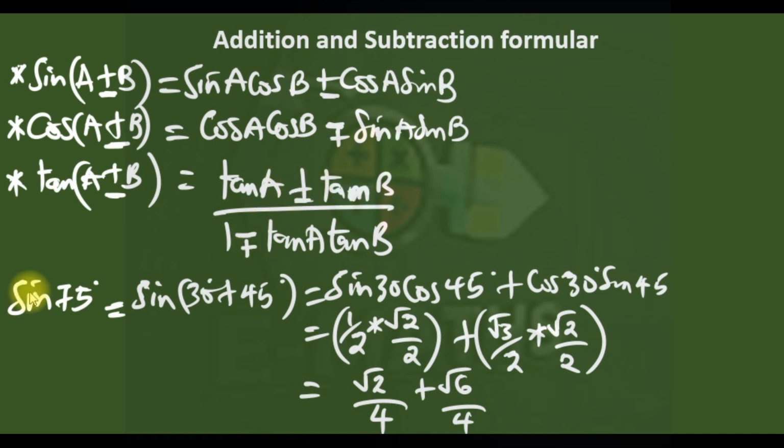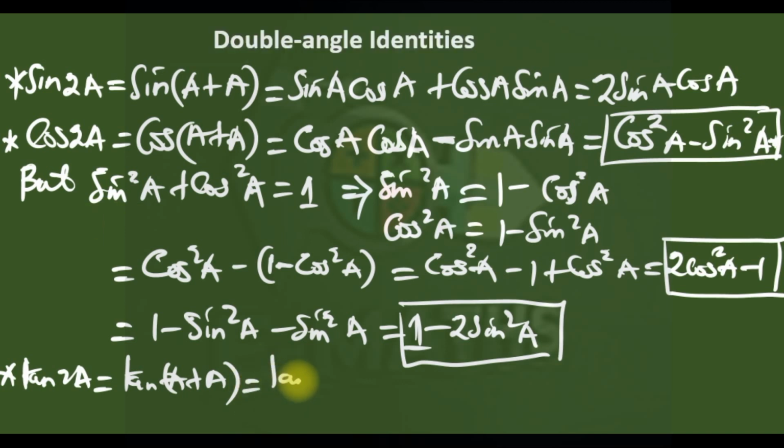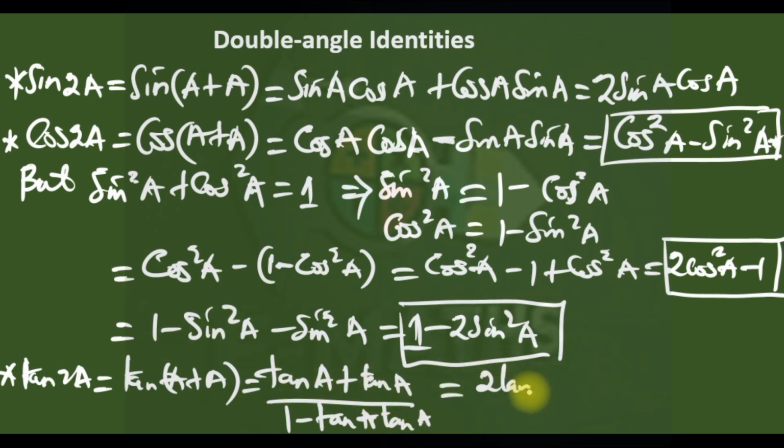So we have tan a plus tan a over 1 minus tan a times tan a. So tan a plus tan a is 2 tan a, and tan a times tan a is tan squared a. So these are the three double angle identities.